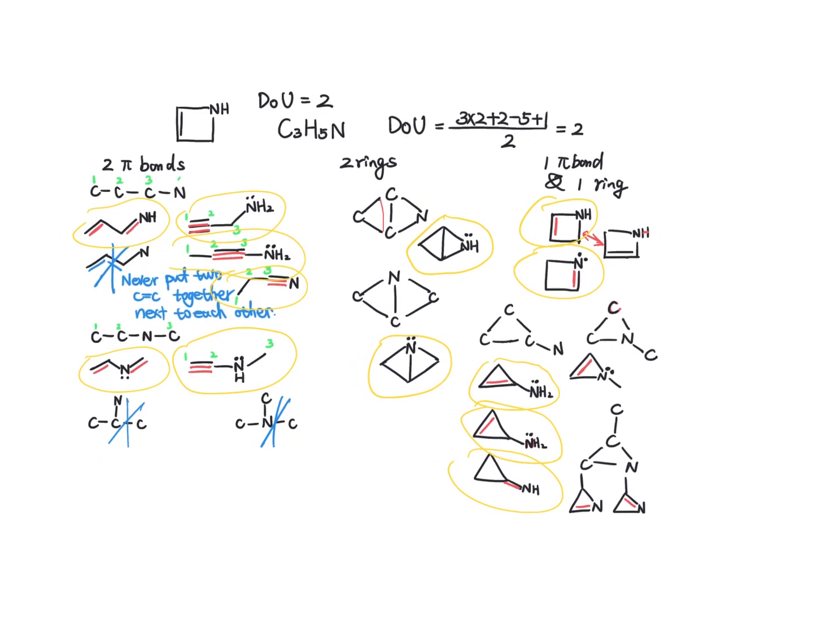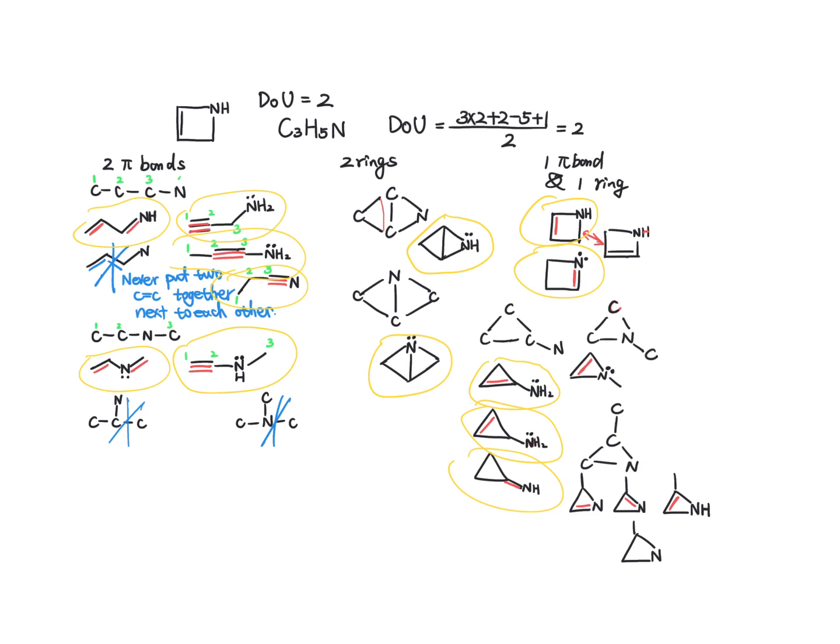Let's see if I can move it a little bit. Now the next one is we can also move the pi bond inside the ring to this position right here. In this scenario, your nitrogen needs to have a hydrogen on it. And then the last one is we move this pi bond outside of the ring, between those 2 carbons.